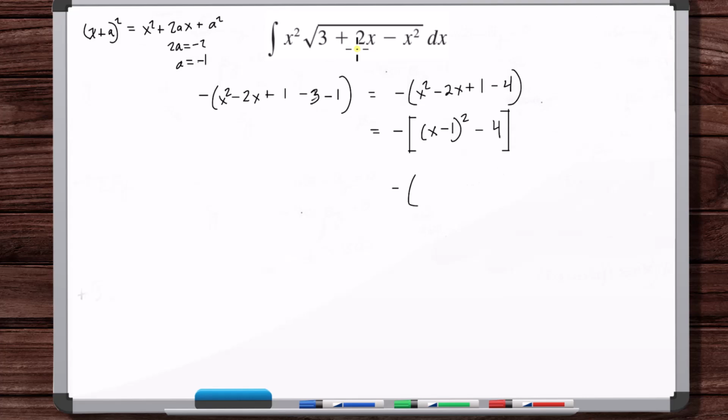Okay, but now what we're going to do is put the minus sign in, and we'll get 4 minus, there we go. So yeah, we can work with this.